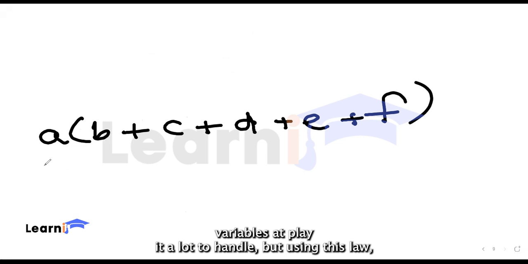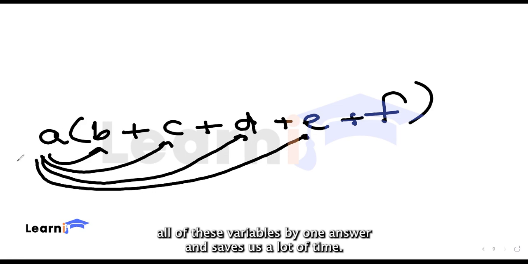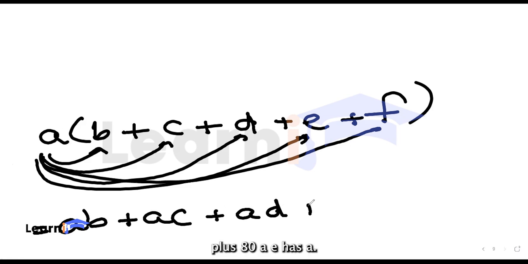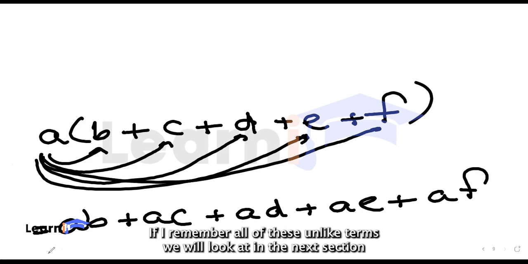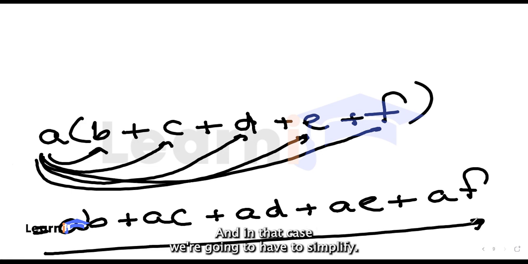It's a lot to handle, but using this law, it allows us to multiply all of these variables by one answer and saves us a lot of time. So here we have AB plus AC plus AD plus AE plus AF. And remember, all of these are unlike terms. We will look in the next section, in section B, we are going to be dealing with like terms. And in that case, we are going to have to simplify.